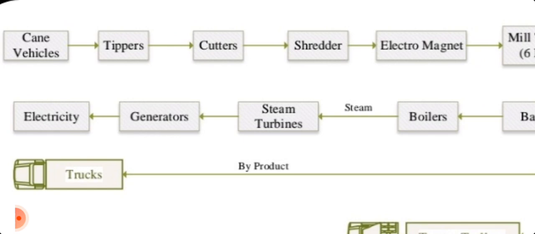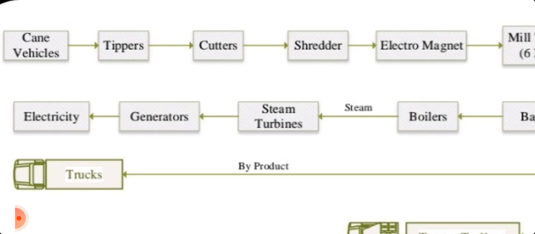Then it will go to the next cutter, which will cut it to 1 and a half foot pieces, and then the next cutter will convert it into 6, 4, 3 inch, maybe small pieces.